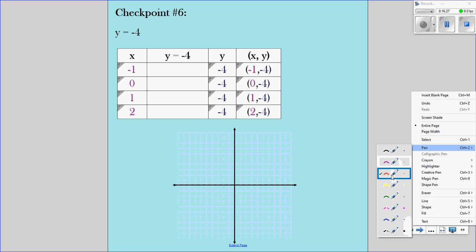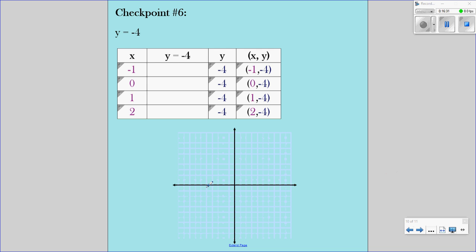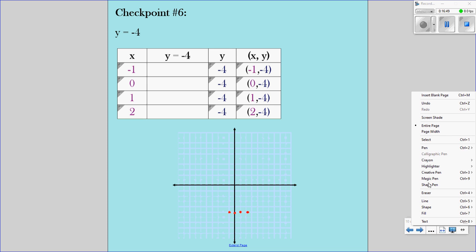So if you recognize what was happening for the other graph, that it was vertical, then you know that y equals negative 4 will be horizontal. So we look for the negative 4. So we got negative 1, negative 4, and then we got 0, negative 4, and so forth. So then you draw the line.